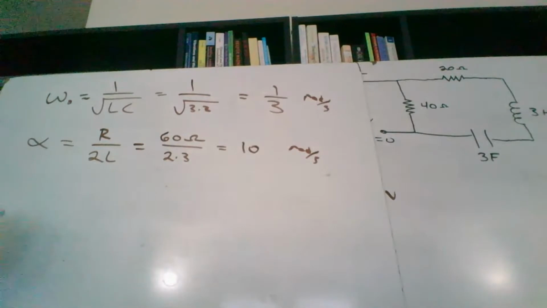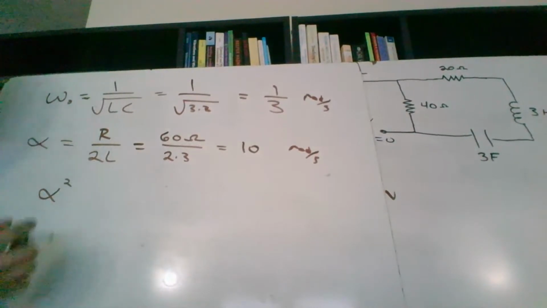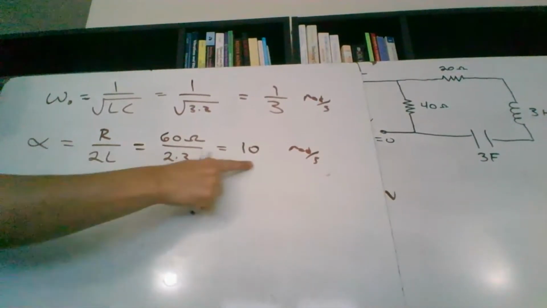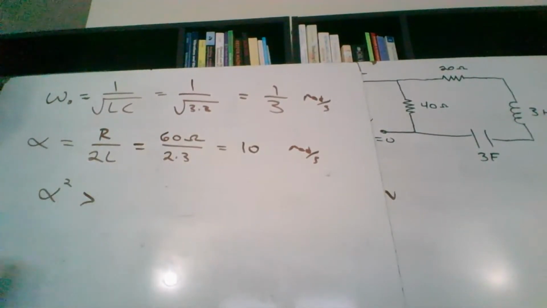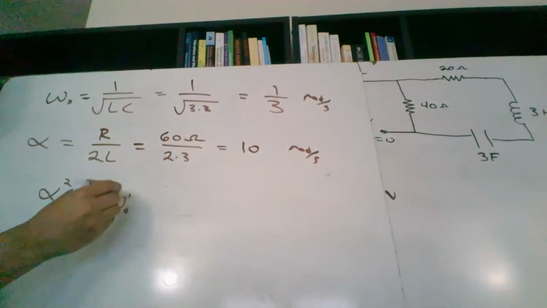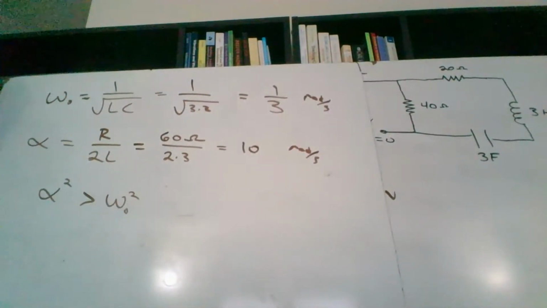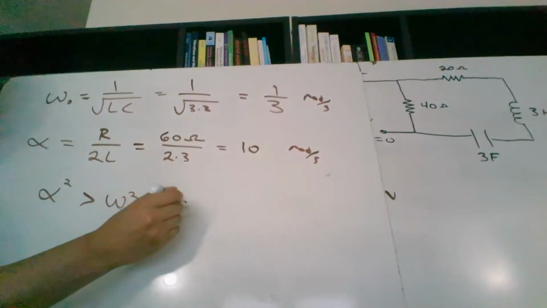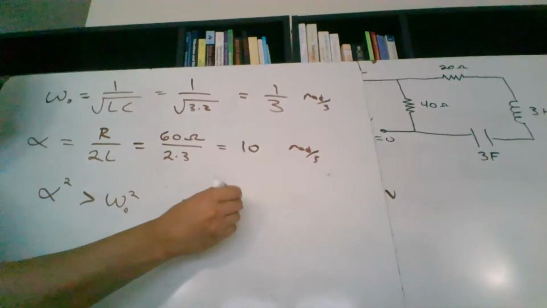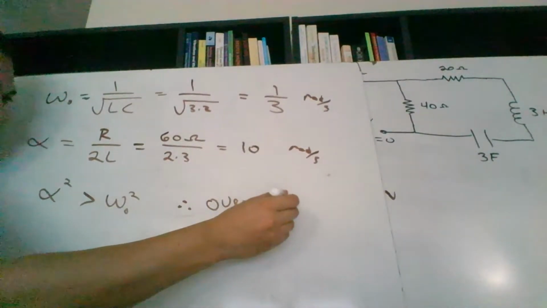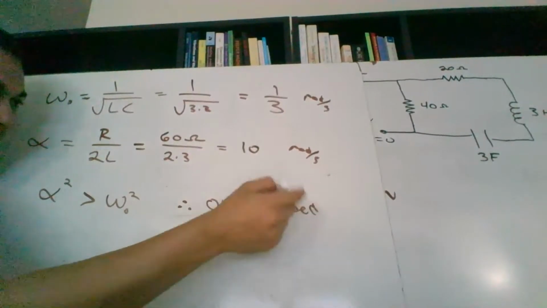And from here, we established that alpha squared is going to be bigger than the natural frequency squared. And if that's the case, we are dealing with an overdamped response. In the last problem, we did underdamped.